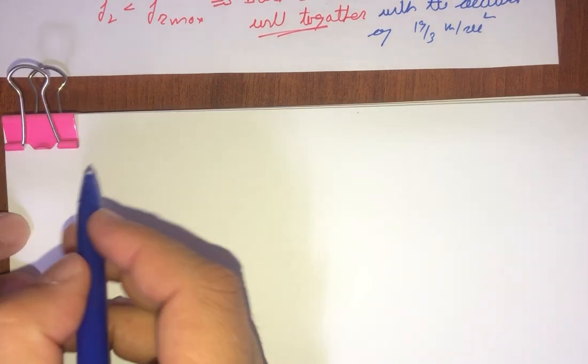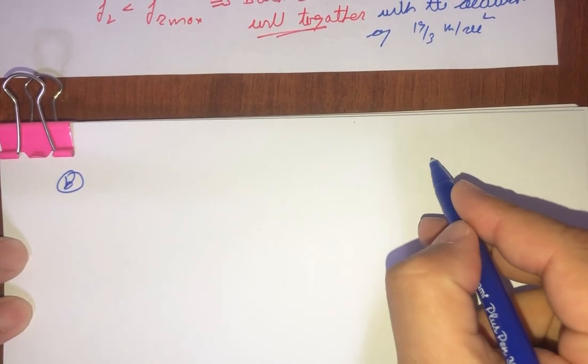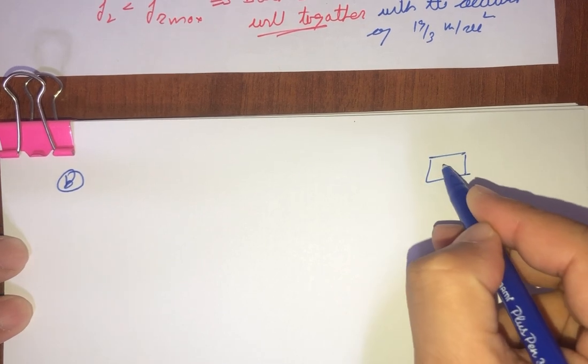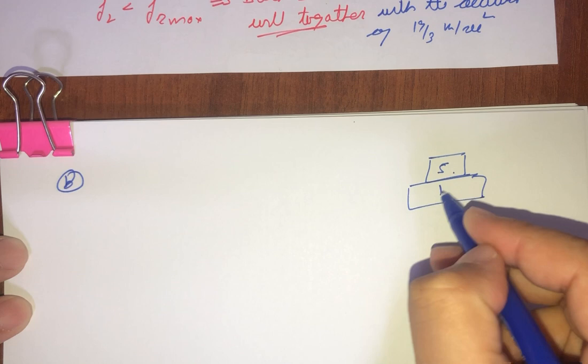Next is B. In the B part, we have a 5 kg block, and this is 10 kg.